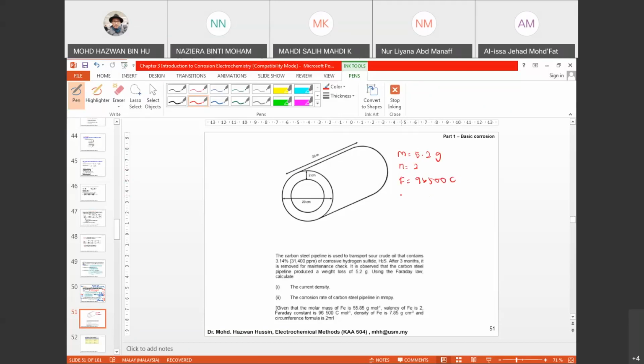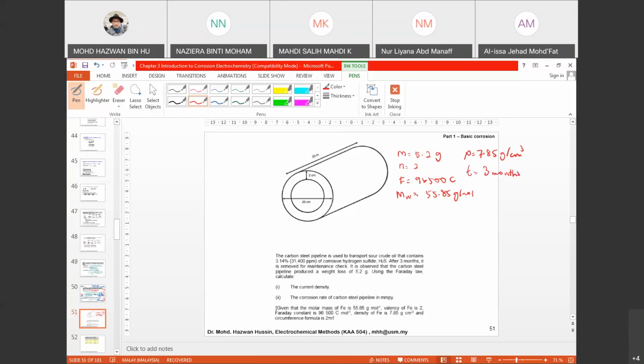Molecular weight is equal to 55.85 gram per mole. And then what else? Density is equal to 7.85 gram over centimeter cube. Time is equal to 3 months.